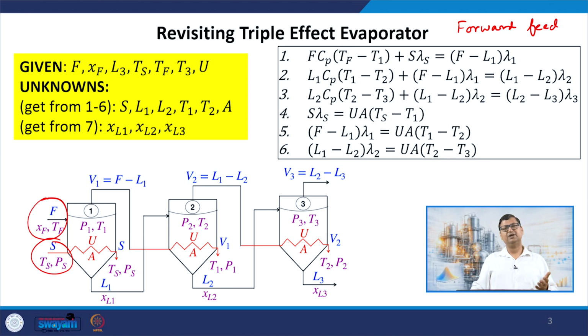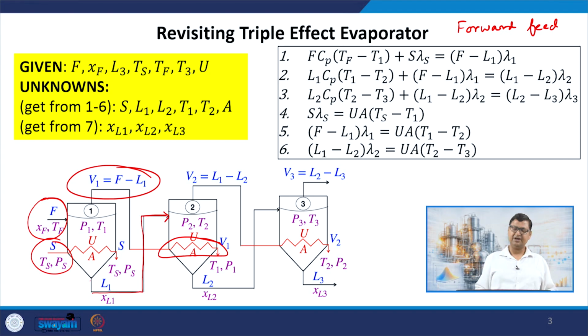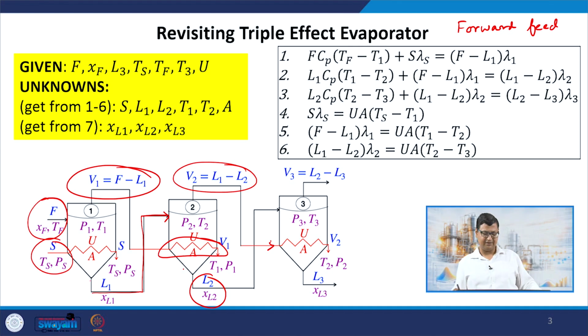The liquid gets evaporated inside the evaporator, and the vapor that leaves is used to heat the second effect, and the concentrated liquid leaving the first effect becomes the feed to the second effect. Similarly, the vapor leaving the second effect becomes the heating medium for the third effect, and the liquid leaving the second effect becomes the feed to the third effect.